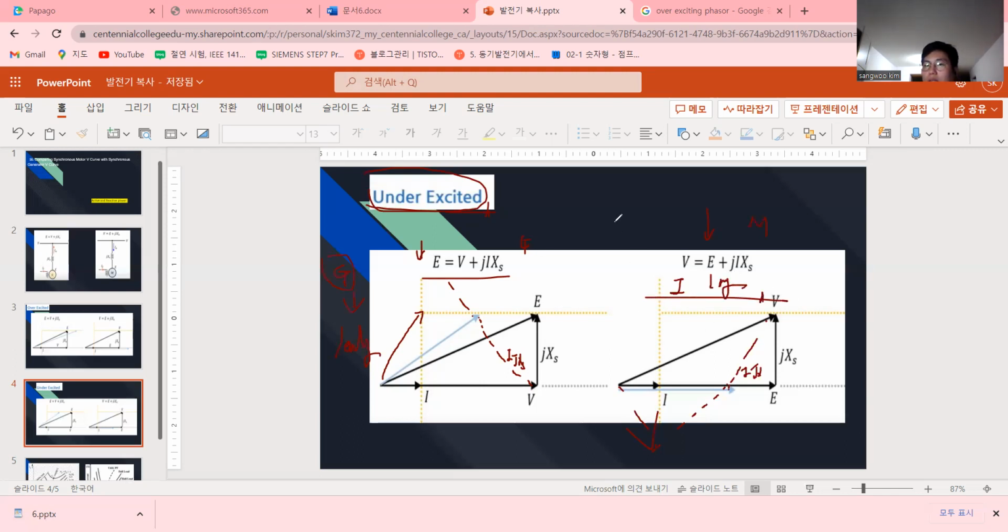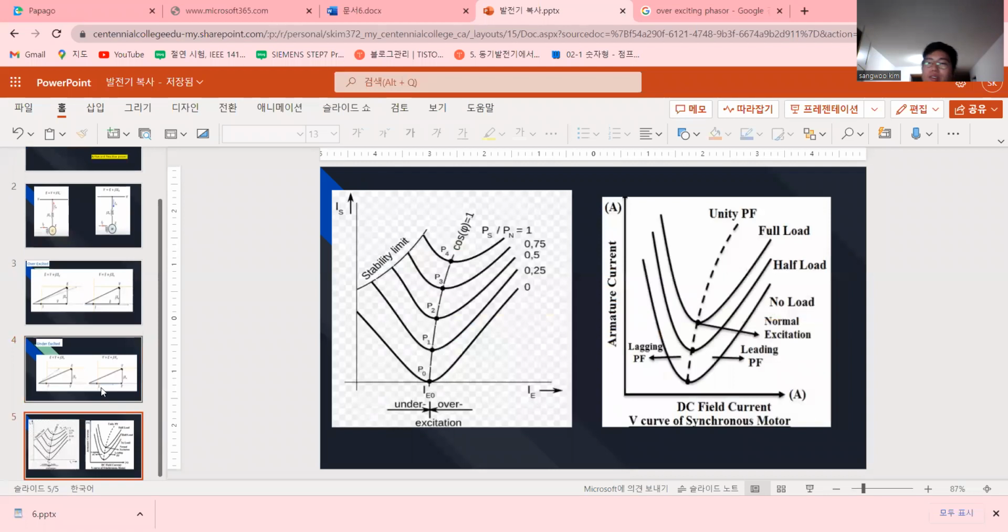You know what I mean? Sorry, I'm speaking kind of loud. So the result is that this is actually a V curve, depending on the motor and the generator, right?